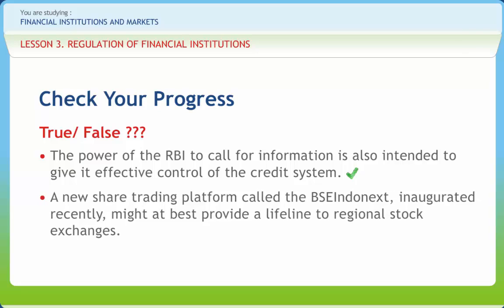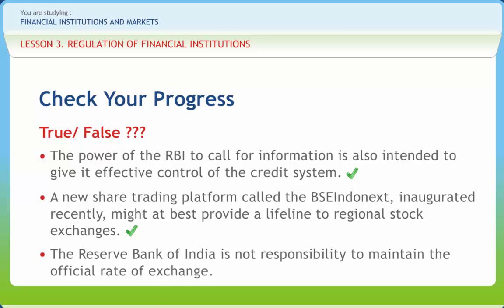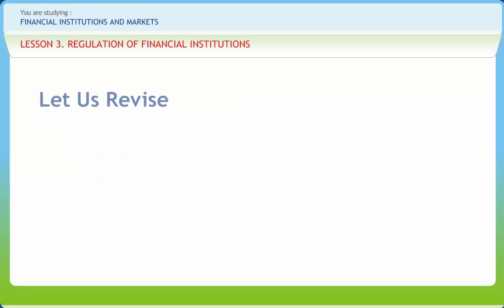A new share trading platform called the BSE Indonext, inaugurated recently, might at best provide a lifeline to regional stock exchanges. Right or wrong? Right. The Reserve Bank of India is not responsible to maintain the official rate of exchange. Right or wrong? Wrong. Before we end, let us briefly revise what we have studied so far.